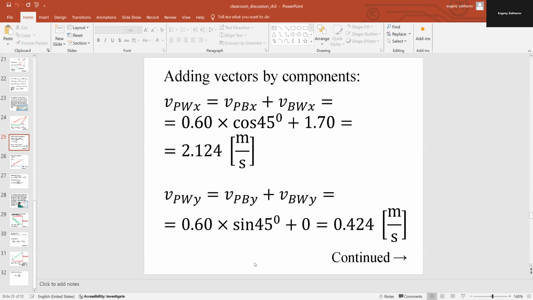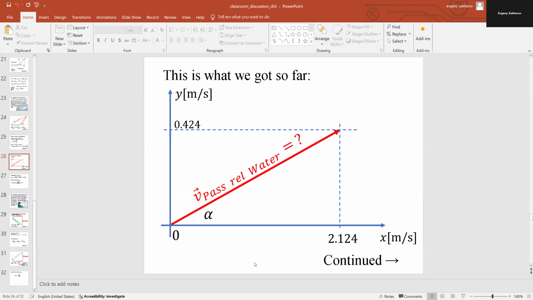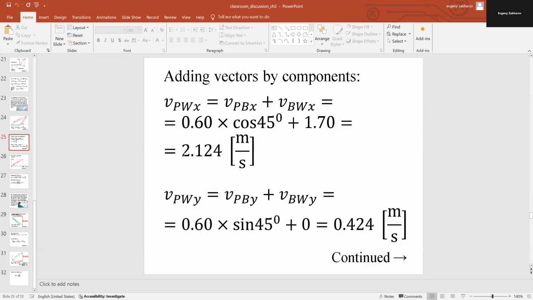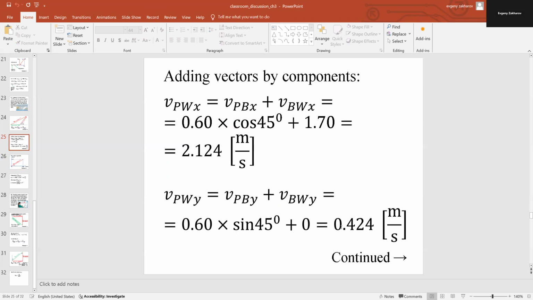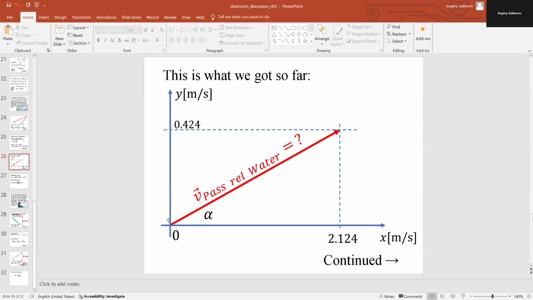So what do you do with those components? You do the classic distance formula or the Pythagorean theorem. You have 2 point something units in the x direction, and you have 0.4 units in the y direction. So your parallelogram method introduces you to this right triangle where you know the adjacent side and opposite side.